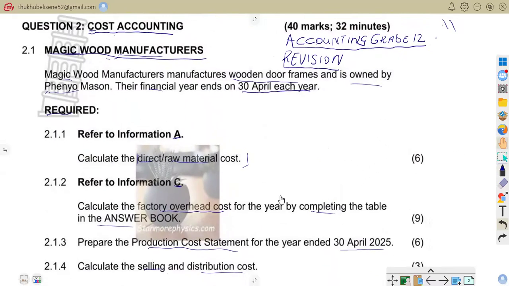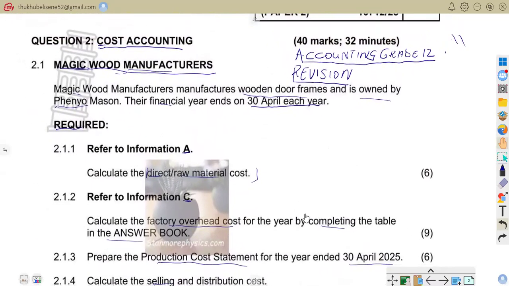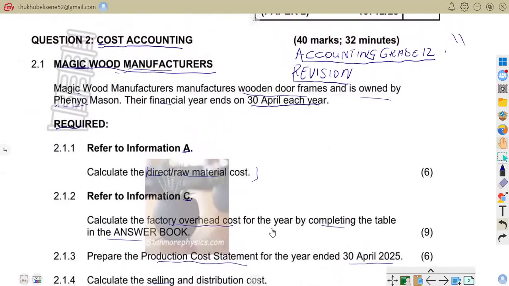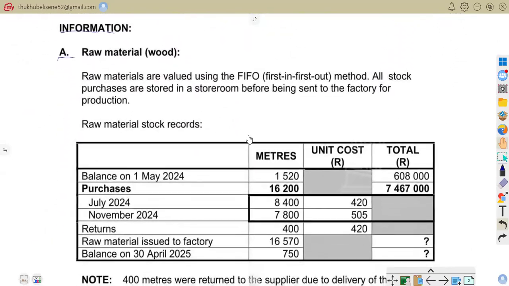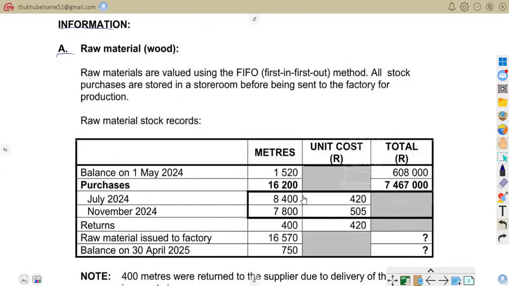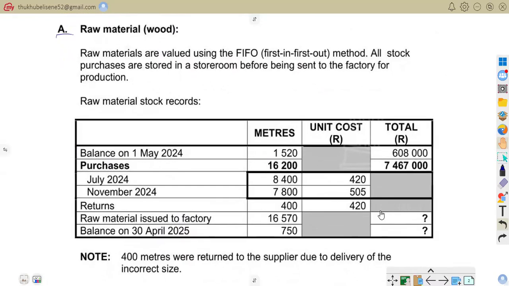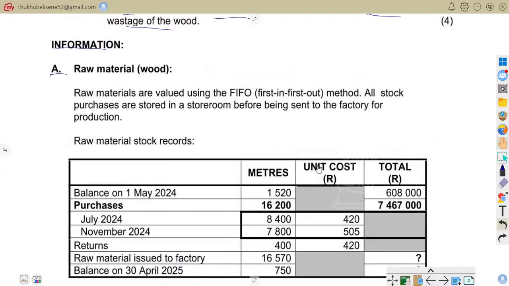So when we do our calculations, we are going to use this given information. So now we're going to go to our information A and try to check as we were asked to refer to information A. So here we are on information A.